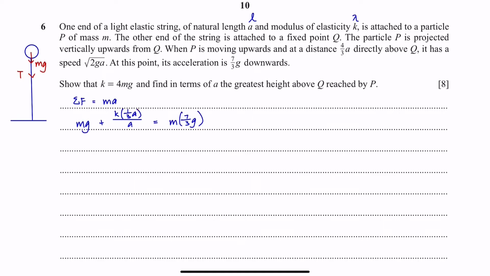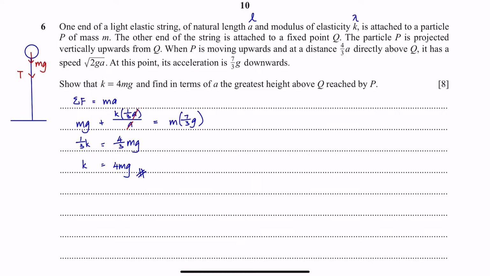So we can cancel this, and we have 1 over 3k equal to 4 over 3mg. So k would be 4mg. So we have proven the first part.